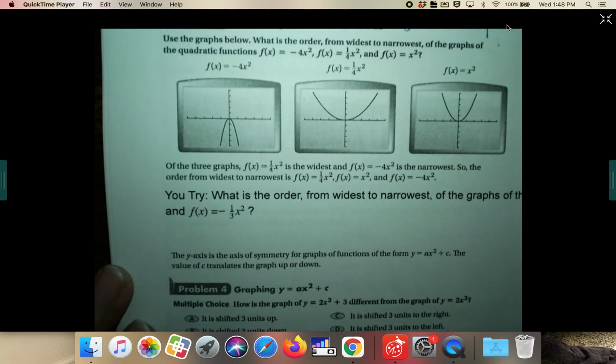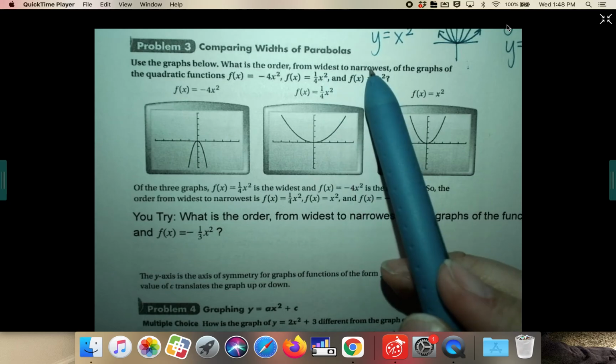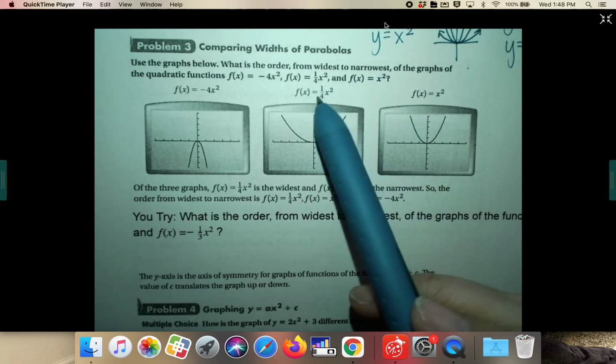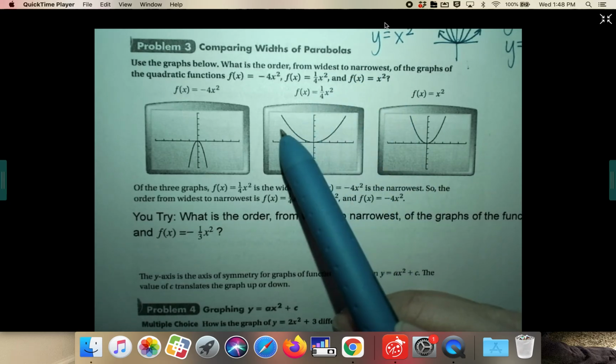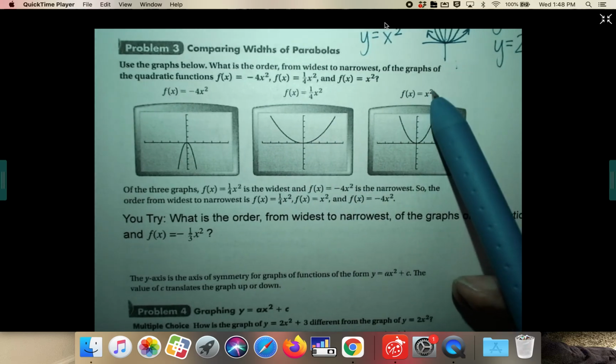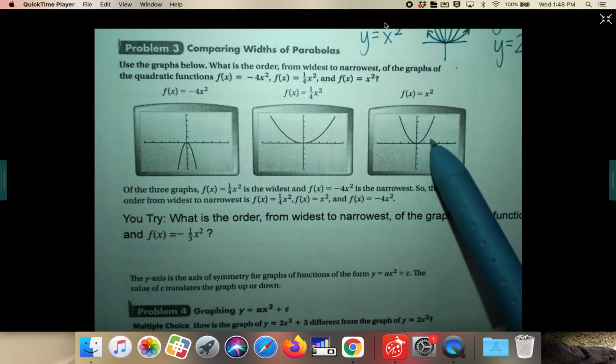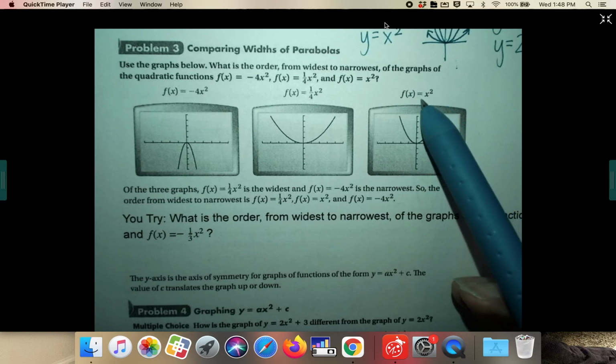Okay, so let's look at these, and it wants us to put them in order from widest to narrowest. So right away, the 1/4 is going to be the widest. This is the parent function, just x squared, which is pretty standard. This is what we usually compare everything to, because there's no extra numbers.